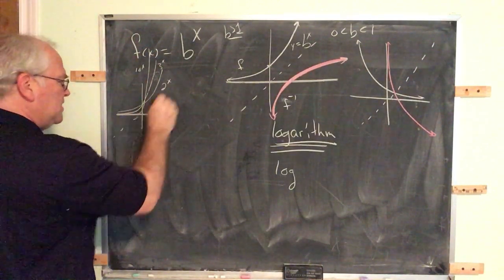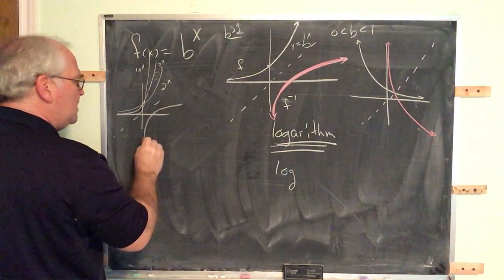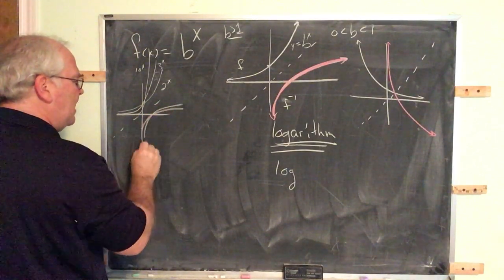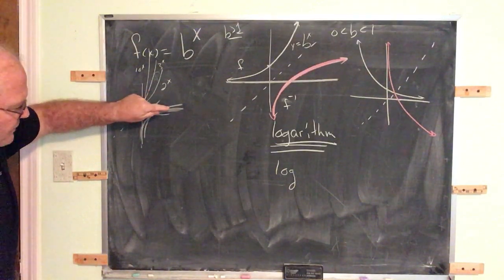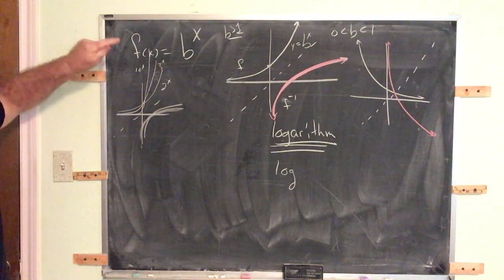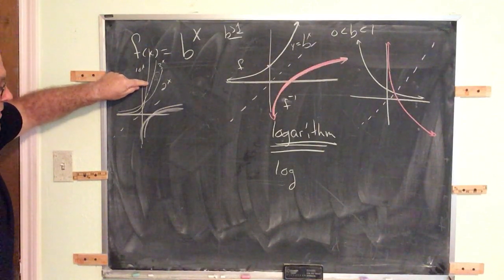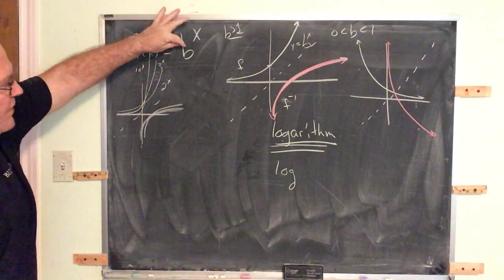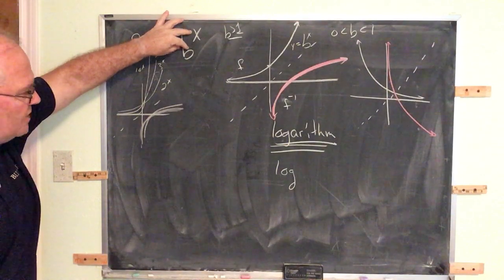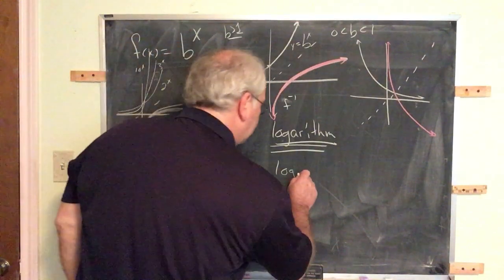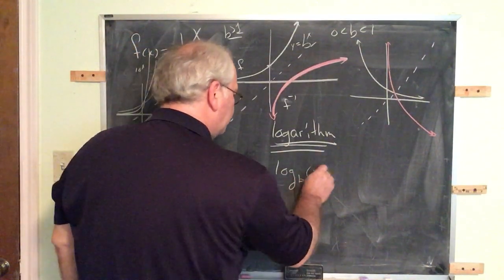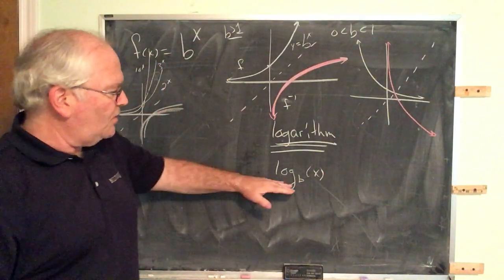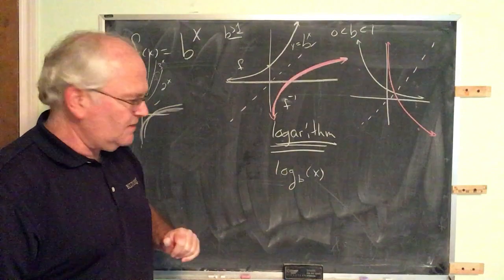Well, now when we draw this inverse function, we need somehow to delineate between which of these we're talking about, because which of these we talk about depends upon which of these we started with. And so, if we start with b as the base for the exponential function, then we write subscript b for the logarithm. And so we write this as log base b of x.